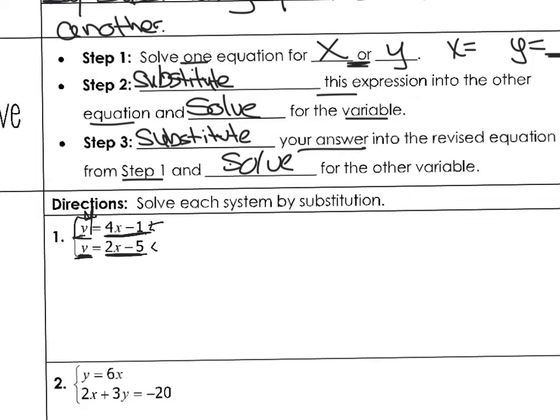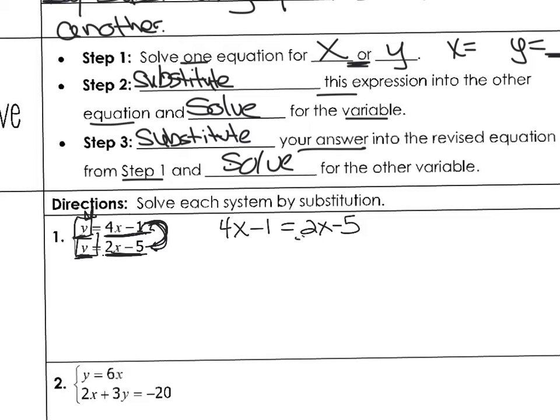Well, if the y is equal to both of them, then they are equal. All right, this is when you have the same variable. So I can write it as 4x minus 1, and I can substitute the y with the other part, 2x minus 5. All right, and then you're just going to solve for x. Because see, now I don't have any y's in there, so I can solve an equation. When I had 2 variables, I couldn't.